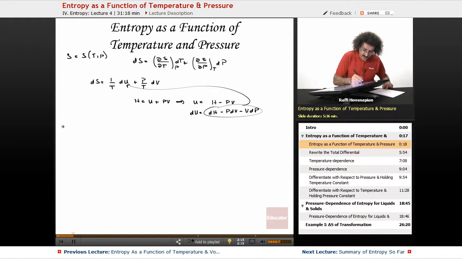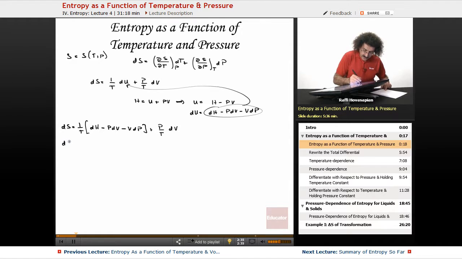I'm going to end up with dS is equal to 1 over T times dH minus PdV minus VdP plus P over T dV.